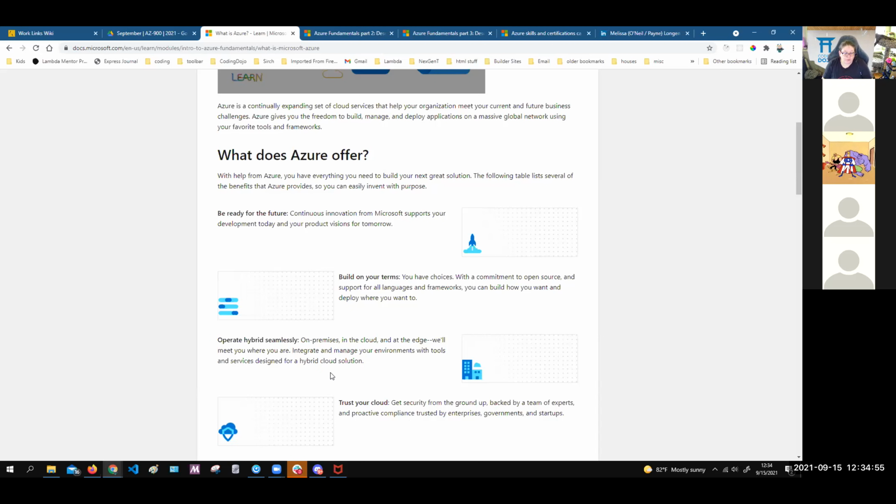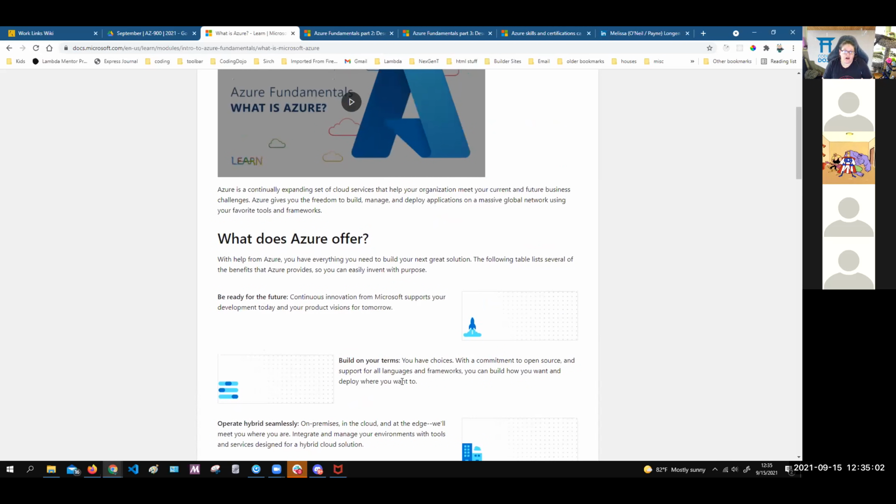There are some hybrid things where there are some on-premises things. Azure is very good about keeping up with the times and giving you the option to have products that you need or want. And you can have that freedom, like it has up here, to build and manage and deploy these applications on a global level, not just a local level.